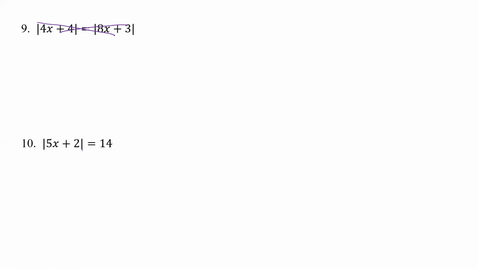All right, what about this one? Well, I'm just going to say I have 5x plus 2 equals 14, or 5x plus 2 equals a negative 14. So I'll have to subtract 2. 5x equals 14 minus 2 is 12, divided by 5. X equals 12 over 5.